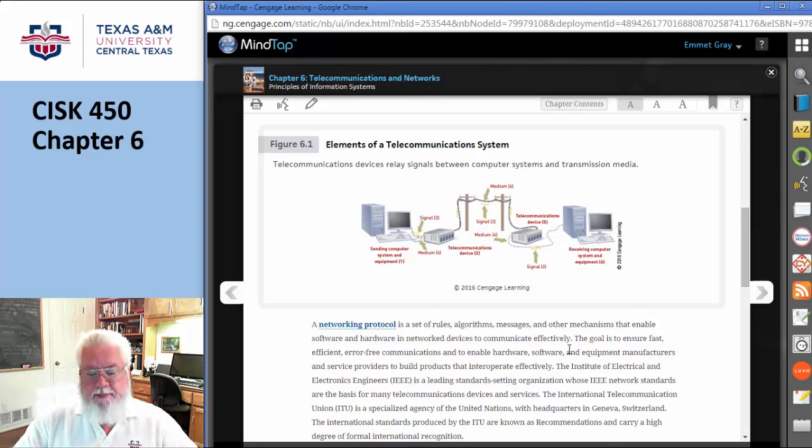The term in here called protocols, and a protocol in the most generic sense of a network protocol is a set of rules that everyone has to play by. It's not any different than you going to a foreign country and you both agree to speak English. In order for you to talk, you have to agree upon the language that you're talking. Same thing with telecommunications.